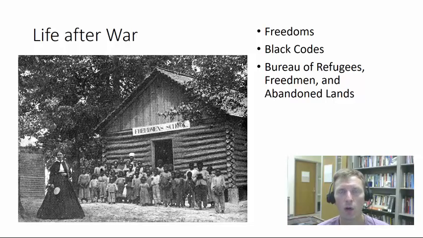Many of these black codes were based upon laws from the North and northern towns and cities that had established, before the American Civil War, differential laws, laws for African Americans that were different from laws for whites. And partly a main goal of that was just to keep economic power and social control in the hands of white leaders.